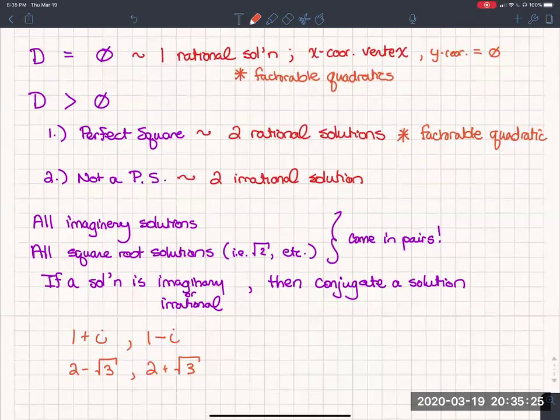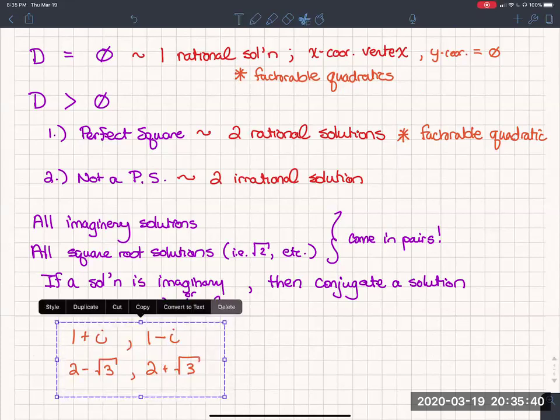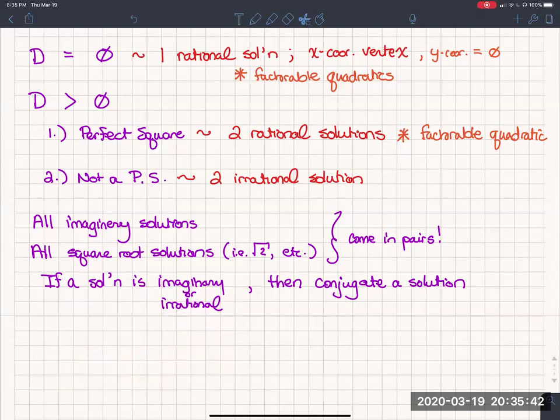Rational solutions does not indicate that their conjugates have to be solutions. Only when you have imaginary or irrational solutions can you say that their conjugates would be solutions. So that's important to remember going forward, especially in this chapter, that when you have irrational or imaginary solutions, their conjugates are also solutions to the equation.